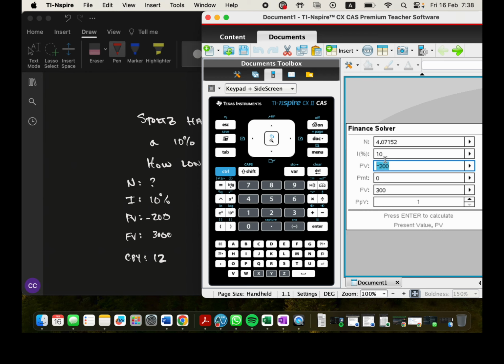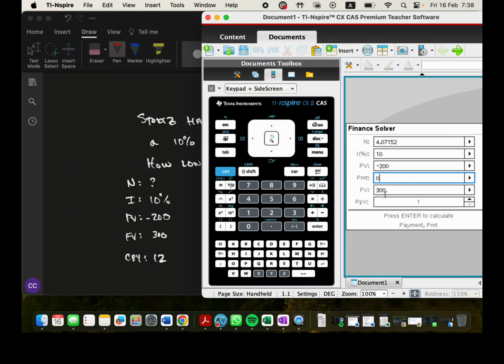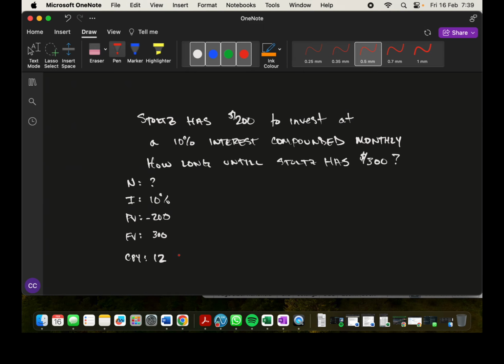I put my present value in as a negative, and my future value in. I think in the question I said 300, and then when I wrote this down, I wrote it as 3,000. Good one, Stoltz. Then I keep going down, and my compounding periods per year needs to be 12. And when I press enter, it takes about 4.07 years. So 4 years and a little itty bitty bit. That's how we can solve it using technology.